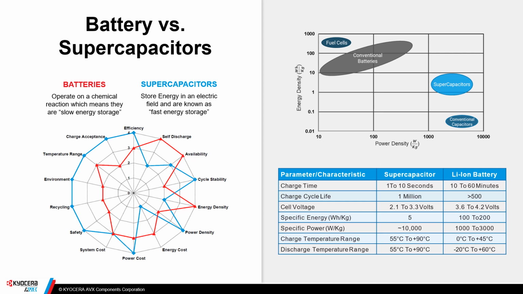What we can show is a comparison of where supercaps have advantages relative to the battery. Temperature range is a really big deal. Charge acceptance is great. The efficiency looks good. Cycle life stability, power density, all of that looks quite good. And even from a cost point of view, when properly sized, they could be very attractive to the designs.